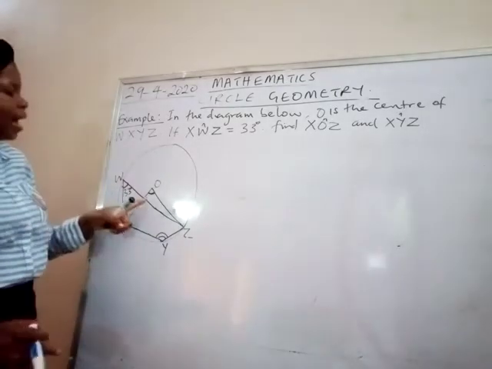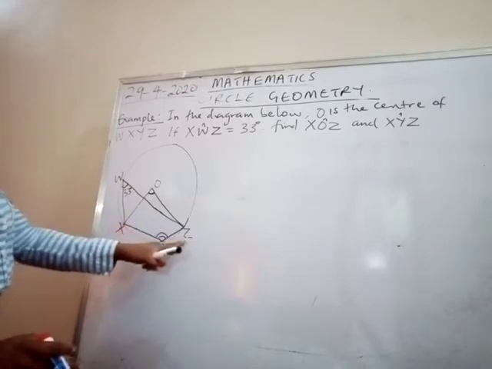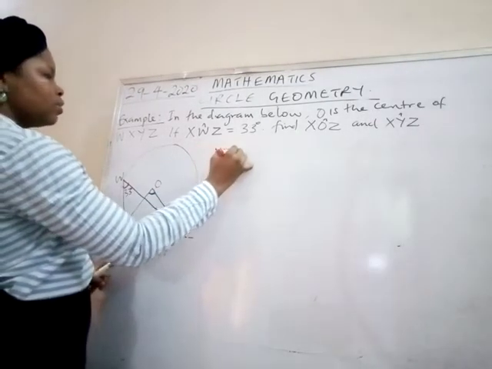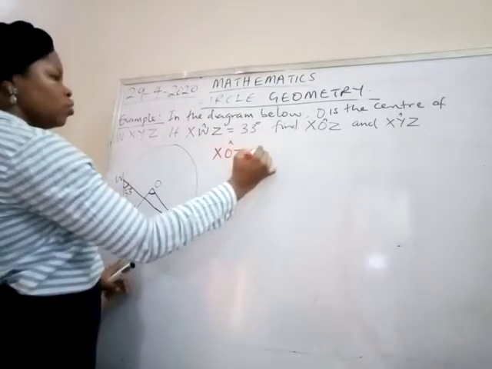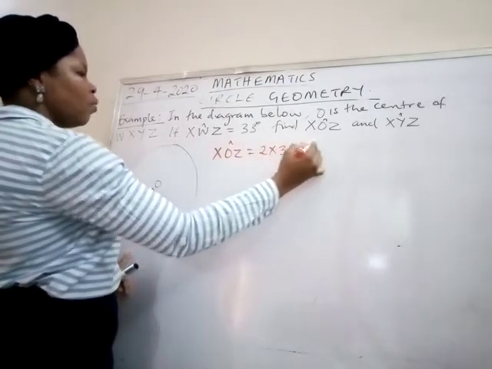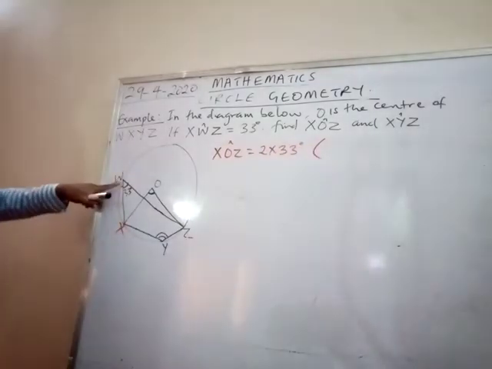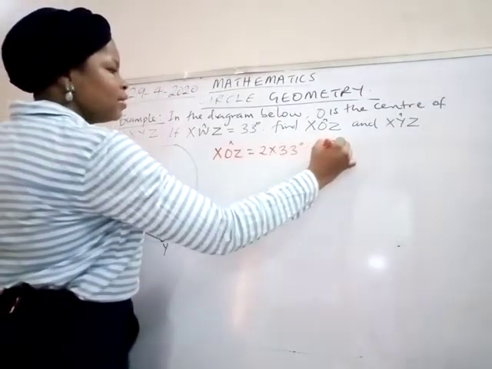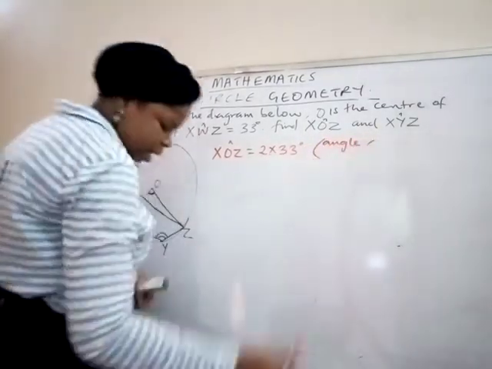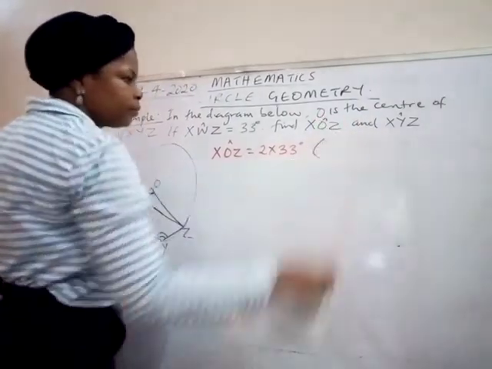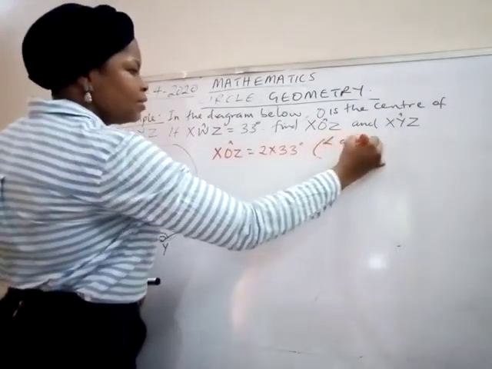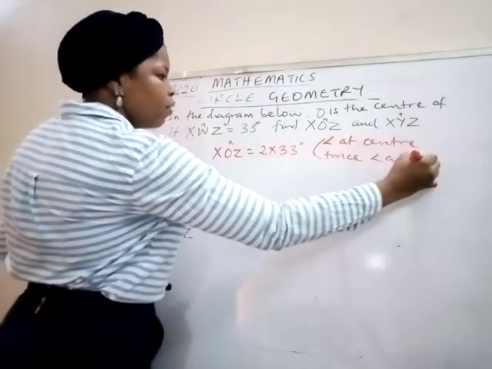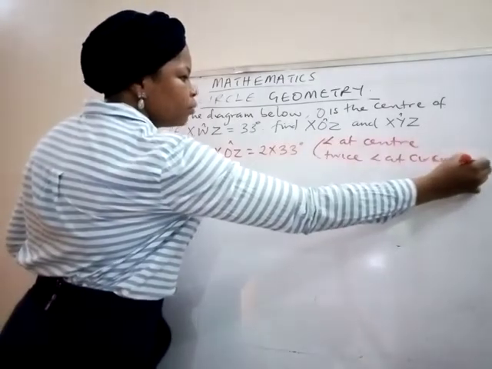So to find that angle XOZ, you are going to write XOZ equals 2 times 33 degrees. What is the reason? Because this is the angle at the circumference and this is the angle at the center. So the reason is angle at center twice angle at circumference of a circle.